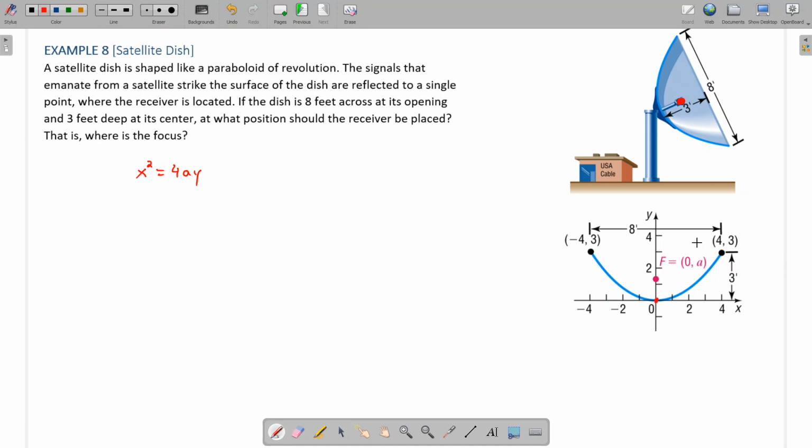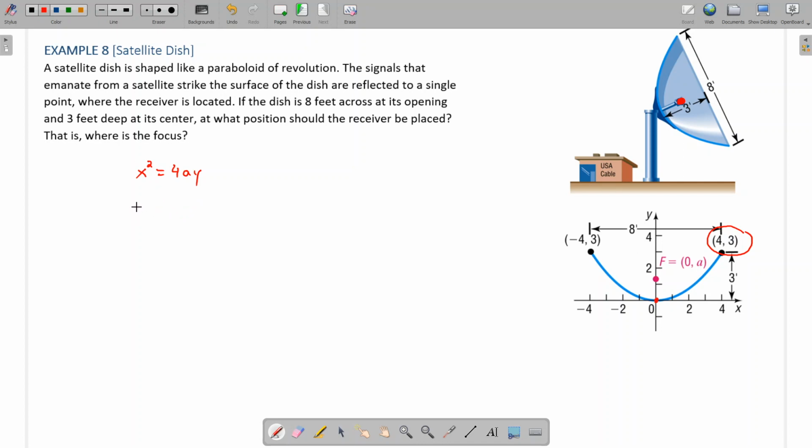Now, since it's 8 feet wide, that means that the x values for each of these points would be 4 and -4, and 3 feet high, we're going to have 3 for each of the y values. So all we have to do is figure out what the a value is, and we can just use one of these points to get that. Just take the point, plug it in, and solve for a.